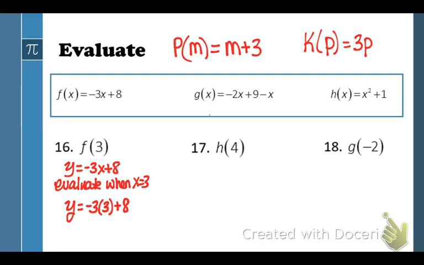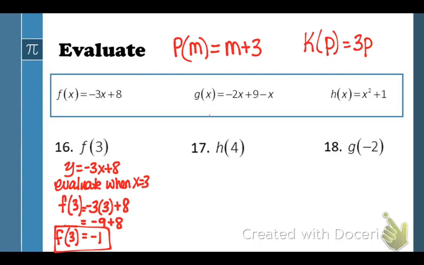Except this time, when we're dealing with functions, instead of writing y, we are going to write f evaluated when x equals 3 is equal to negative 3x plus 8. Negative 3 times 3 is negative 9, plus 8 is negative 1. So function f evaluated when x equals 3 is negative 1.